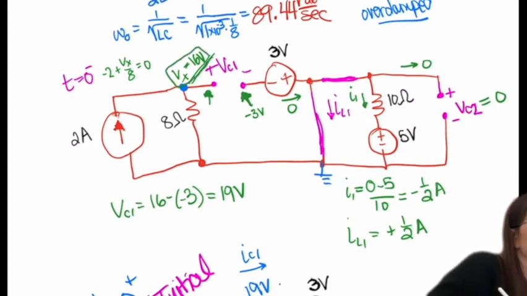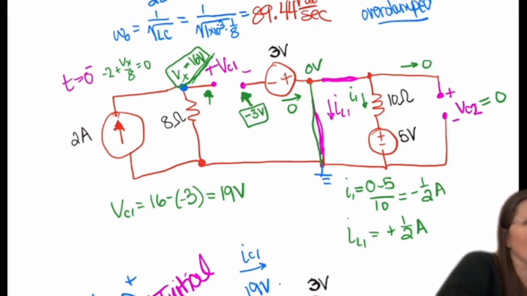So that gives us the value on the left side. And then with this shorted, that gives us 0 volts here, so this side will be -3. And so the VC1 is going to be 16 minus a -3 for 19 volts.